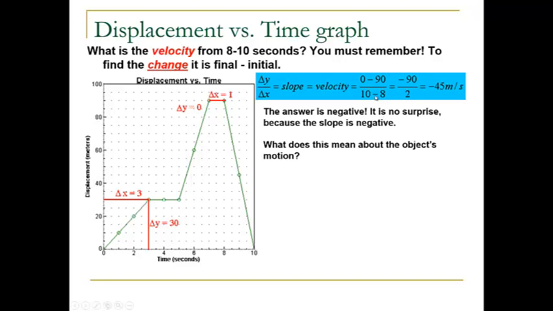And then the change in time, 10 minus 8, would be 2. So your slope would be negative 45 meters per second, which means that you are moving backwards. Now you're moving back towards the origin, or you're heading south, whichever way you want to think about it, but you're heading back to where you originally started from.